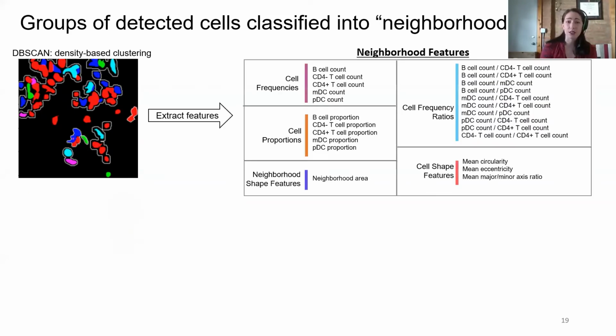Once we've detected those neighborhoods, we can now extract features from them. So we have features that are related to cell frequencies, so how often specific classes of cells pop up in an aggregate, the proportions of those cells, the neighborhood shape features, frequency ratios, and finally morphological features of the cells themselves within that neighborhood.